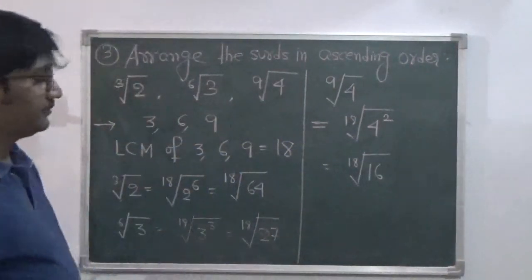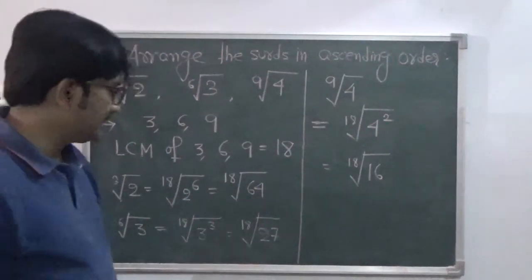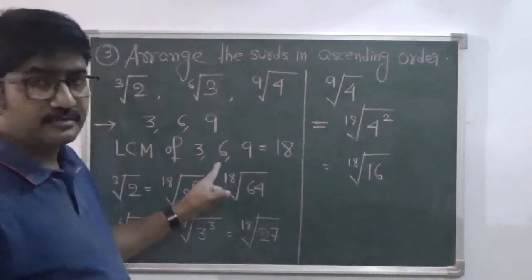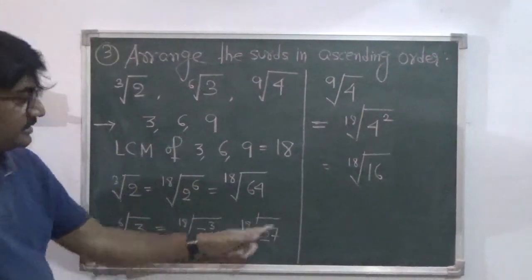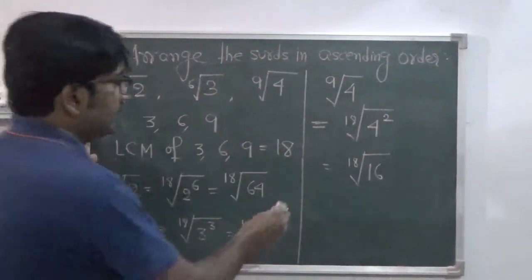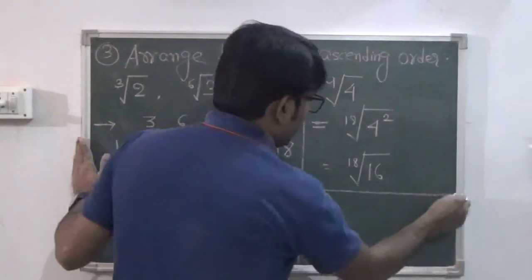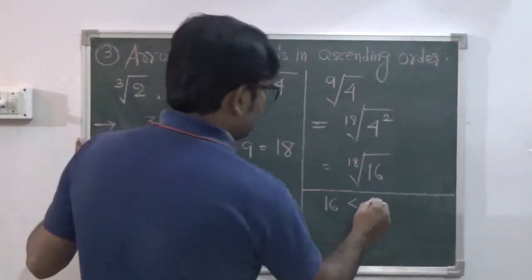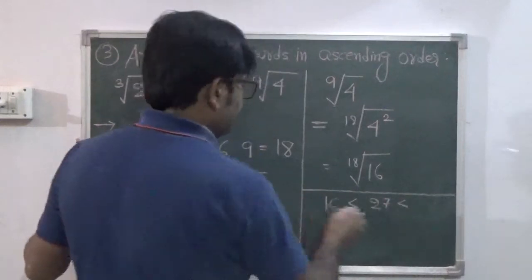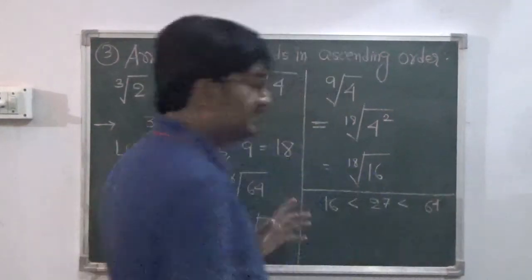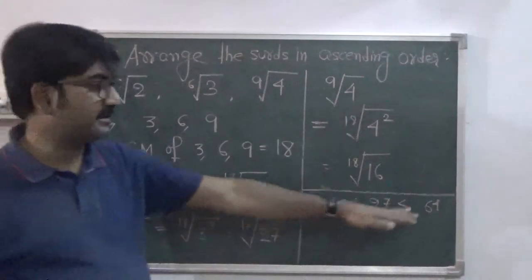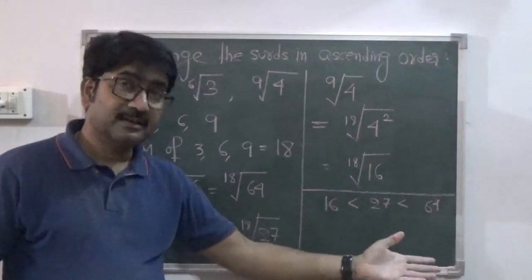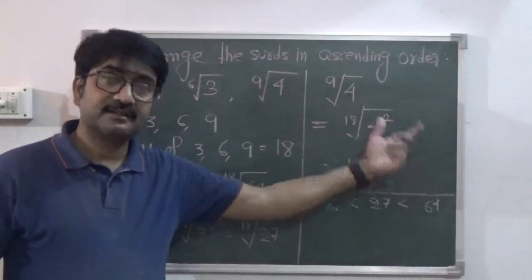So you have these three surds having the same order 18. The numbers are 64, 27, 16. Now 16 is less than 27 is less than 64. If this is the scenario, then if we take the 18th root of all these three, the same sequence remains.